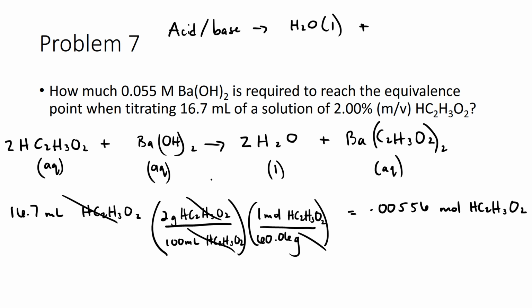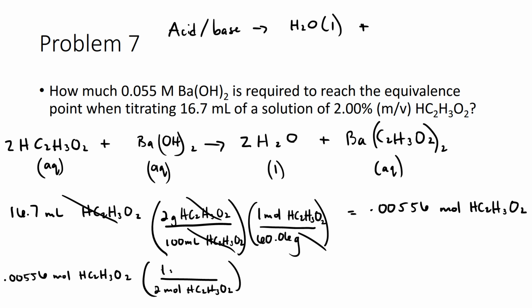Next, we can do a mole to mole ratio. Because we know we have 0.00556 moles of acetic acid, because we wrote and balanced out this chemical reaction up here, we know that for every 2 moles of acetic acid, we're going to be reacting with 1 mole of barium hydroxide.